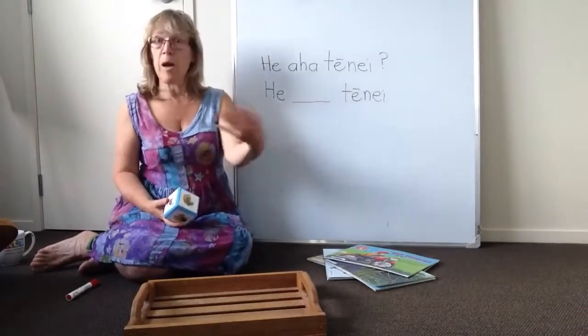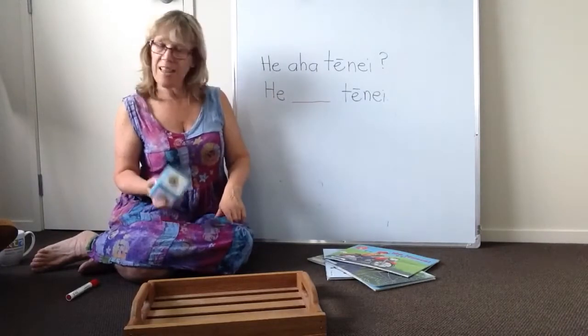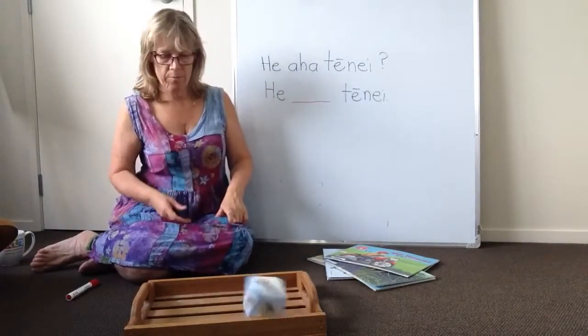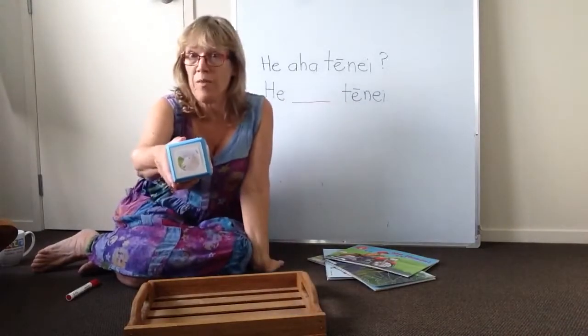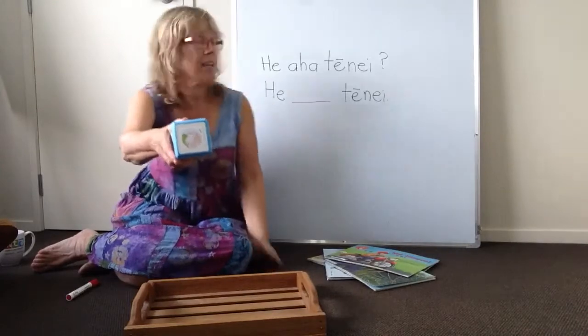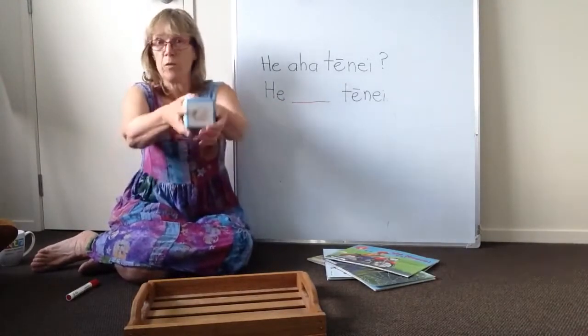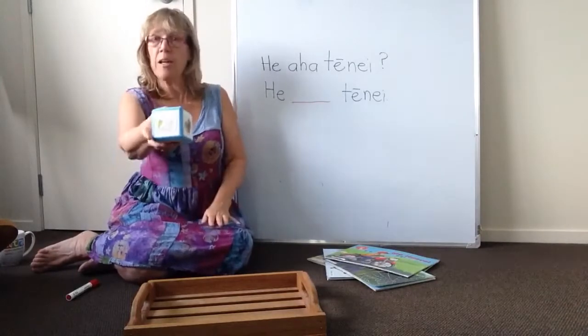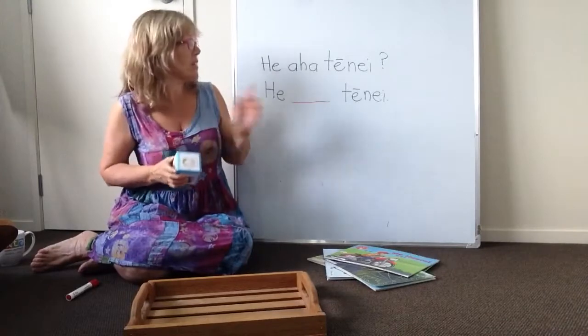So we might have a group of children around and I'm saying, He aha tēnei, what is this? And they would, the one that's at the top, they would have to say, He hipi tēnei. So if they're holding it, if you've given it to them, He aha tēnei, they would hold it and say, He hipi tēnei.